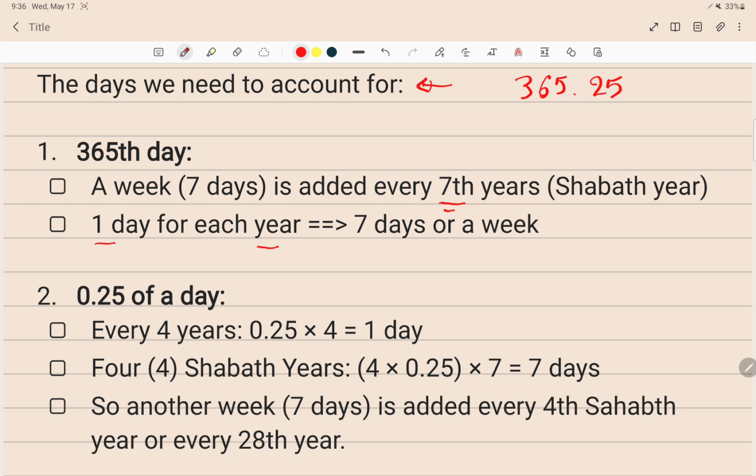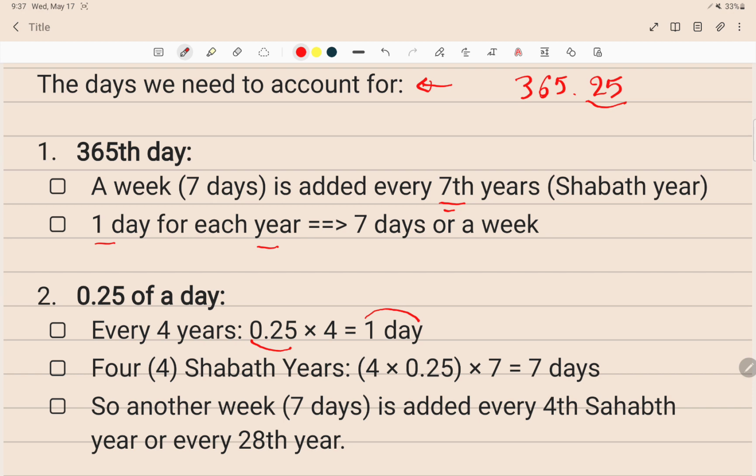And then you have to also account for 0.25 of a day, right? Otherwise, again, the calendar gradually will shift. So every 4 years that passes, that 0.25 day adds up to 1 day. Now, if you wait 4 Shabbat years, so basically 7 multiplied by 4 becomes 28.